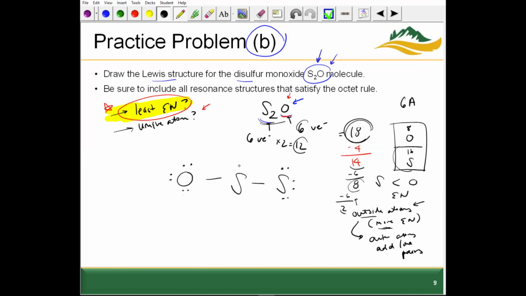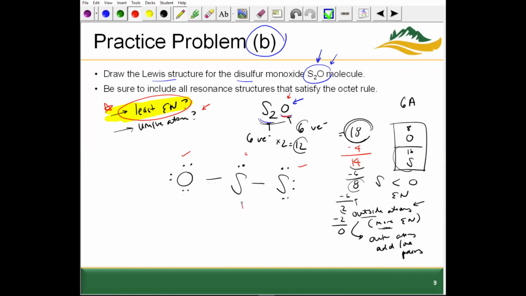Now with the remaining 2 electrons, we have no other choice but to add those 2 to the central atom. So now we've used up the 18 electrons, but we have to check, do all of these have happy octets? Well, 1, 2, 3, 4, 5, 6, 7, 8. This sulfur, yes. 1, 2, 3, 4, 5, 6, 7, 8. This oxygen, yes. This sulfur in the middle, however, 1, 2, 3, 4, 5, 6.